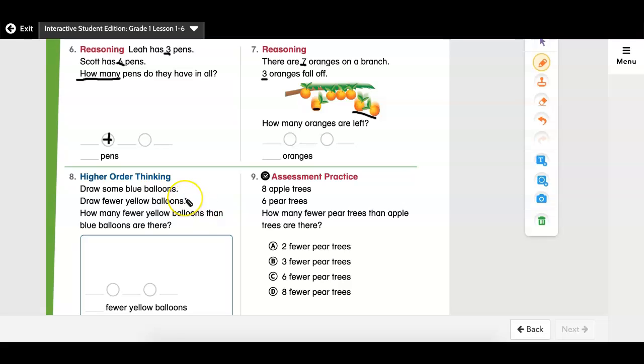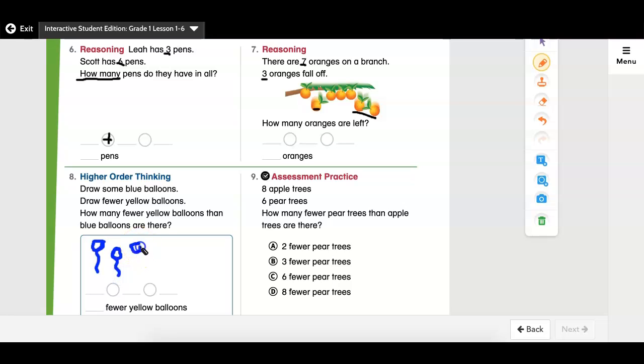Number 8 says draw some blue balloons. Draw fewer yellow balloons. How many fewer yellow balloons than blue balloons are there? So if you don't have these colored pencils at home or markers, that's okay. You can just use your pencil. So I'm going to draw some blue balloons.